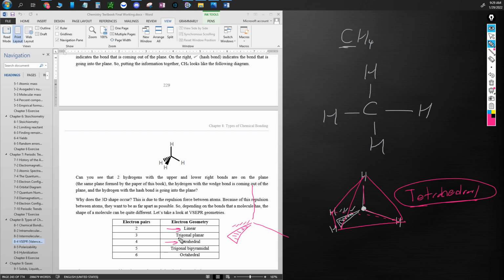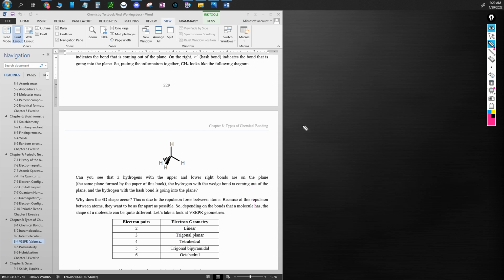Let's go into trigonal planar. Trigonal planar is a slightly different concept, and it could be shown by another compound called BH3, boron trihydride. When you draw it, it will look like this: boron in the middle, hydrogen, hydrogen, hydrogen all the way around with 3 sticks.